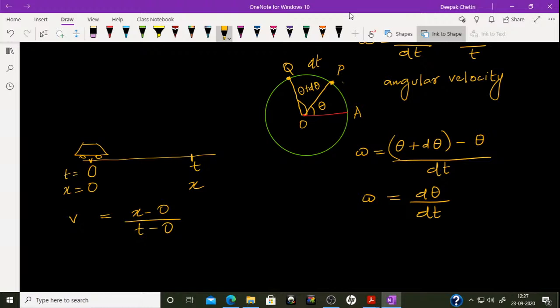Understand? When an object is moving around a circle, it's easier to talk about the angle that has moved. That will tell us how fast it is moving. Is it clear? Yes or no? Now is it clear, omega?